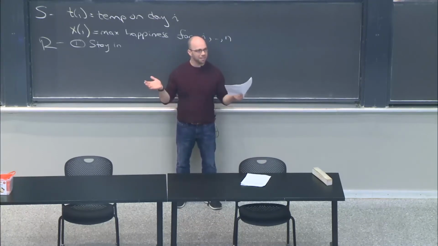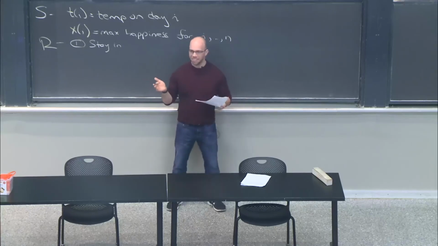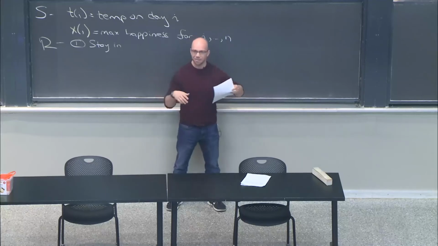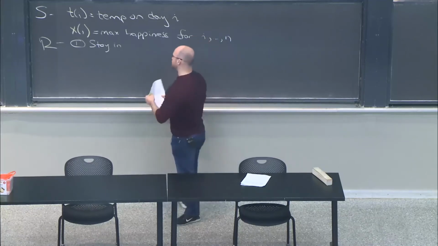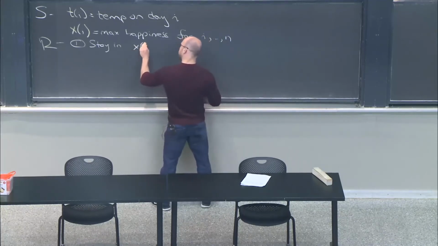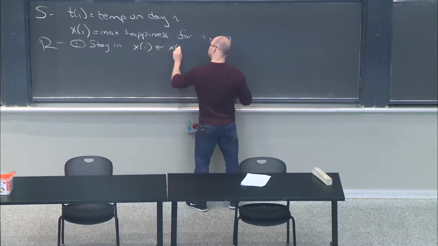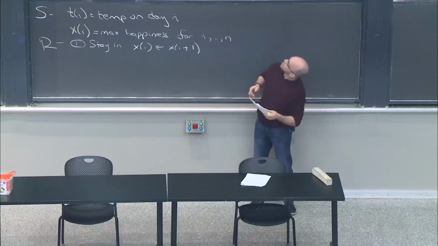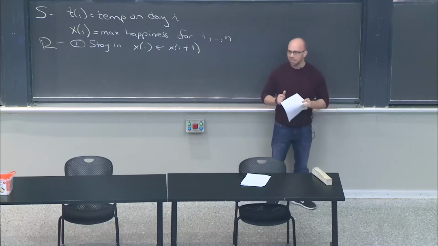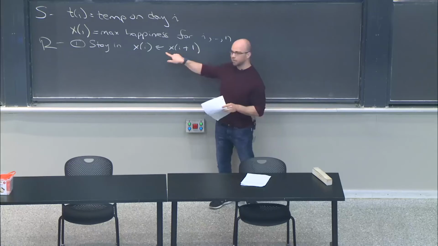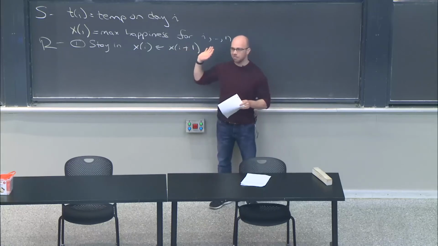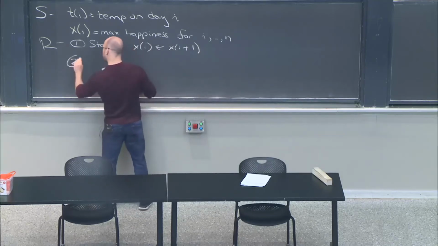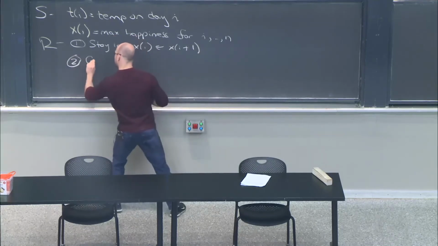He can go inside, he can go outside, whatever, because by having stayed inside, he's earned himself 2 free days of going outside if he wants, right? So in other words, he gets no utility for today. He wakes up tomorrow and he can make whatever decision he wants. Okay. The second thing he can do is go out.